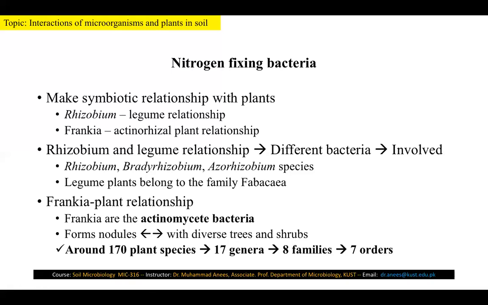There are around 170 plant species in 70 different genera, and these different genera belong to around 8 different families and 7 orders. So this is a little bit more diverse kind of relationship.